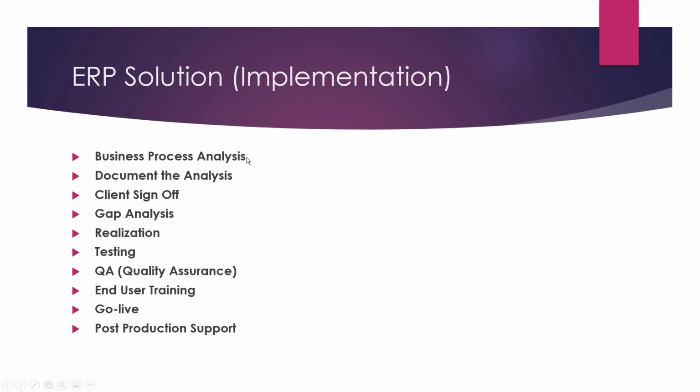So these phases, based on your company size, it depends on how much time it will take. If you are going to implement for a small company, all these phases can be completed within 6 months. If implementation is for a huge organization expanding across around 60 countries, one implementation project itself will take 4 years, 5 years.